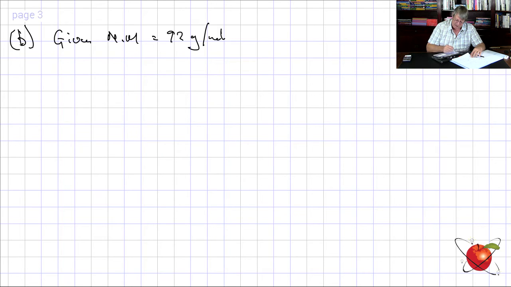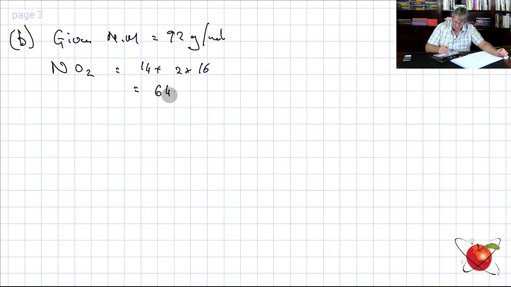And what did we work out in F above? F above was NO2. This is what we calculated. Now they tell us, what is the molar mass of this? Well, it's going to be 14 plus 2 times 16, which is 46 grams per mole.